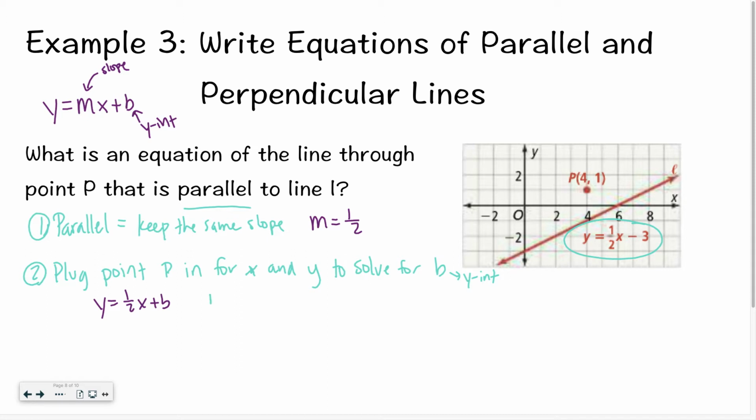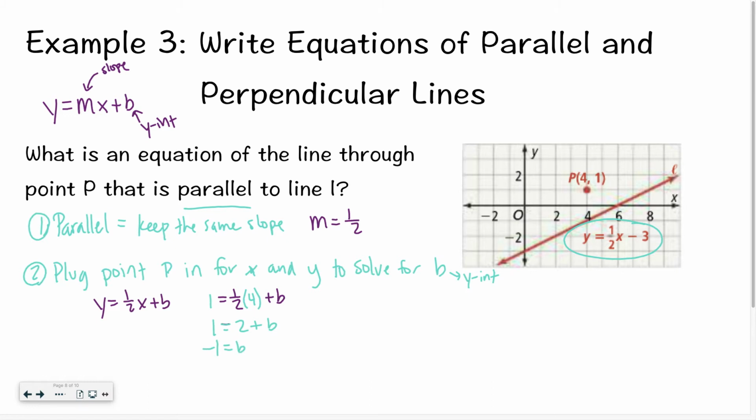So my y value is 1. I keep my slope. My x value is 4, and I want to solve for b. So I have 1 equals 1/2 times 4, or 1 equals 2, plus b. Subtract that 2 over, I have negative 1 equals b.